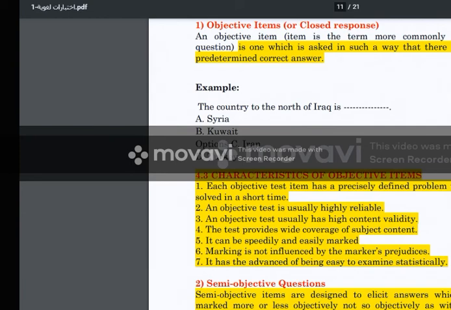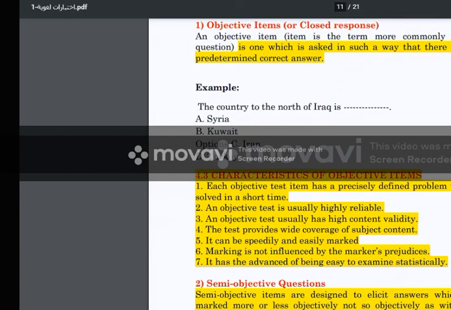Number five, it can be speedily and easily marked. As I told you, it can be easily scored because I can score it using the computer itself. So there are no human efforts paid for scoring these items. Number six, marking is not influenced by the markers' or scorers' prejudices or personal bias.